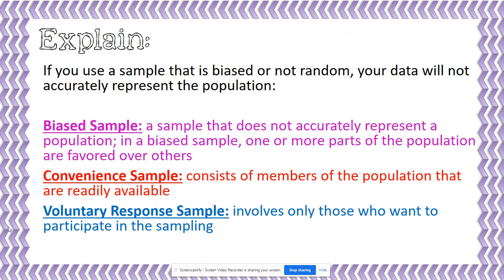Sometimes examples of this are giving surveys to people and asking them to complete them online. In most of these situations, the people who respond have very, very strong feelings one way or the other, but these people do not necessarily represent the whole population.